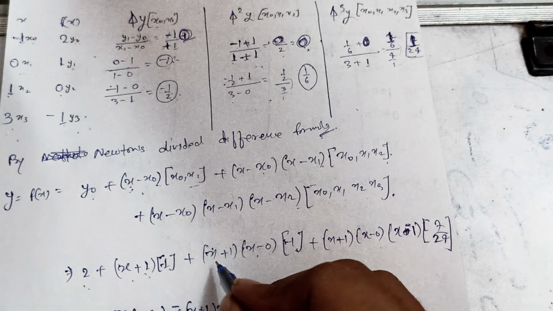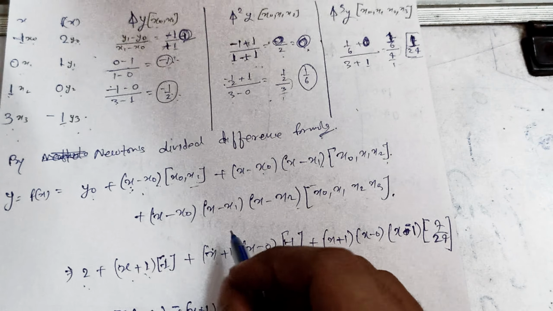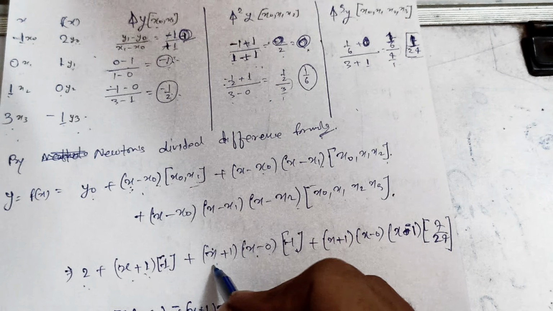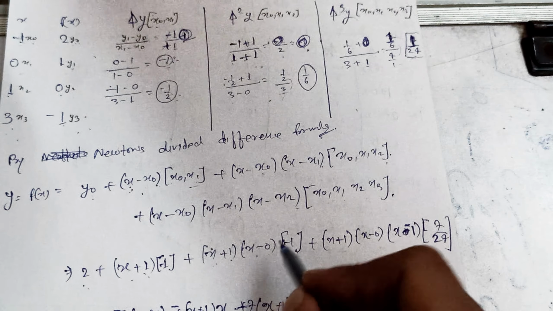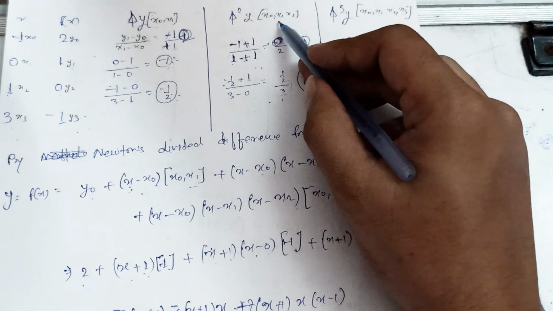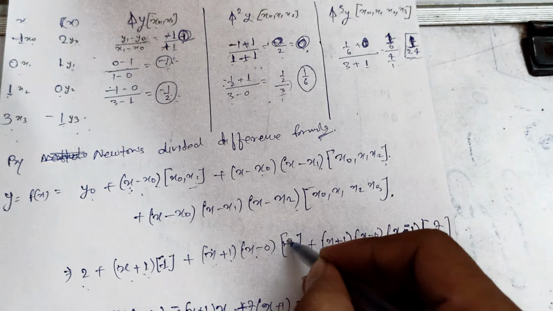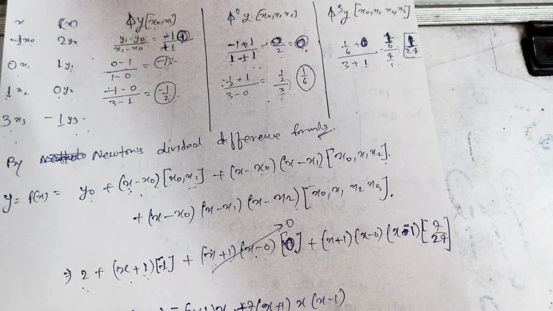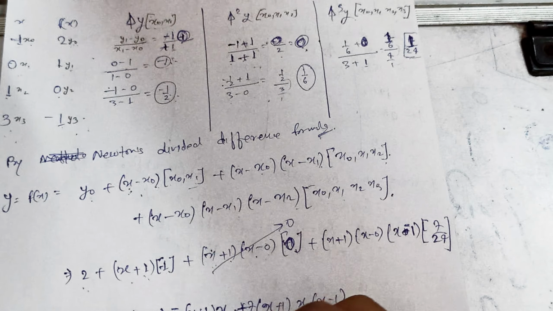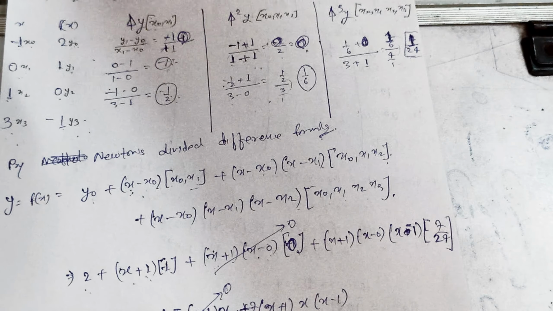The next term is x plus 1 times x minus 0, and the second difference is 0, so this whole term will be 0.